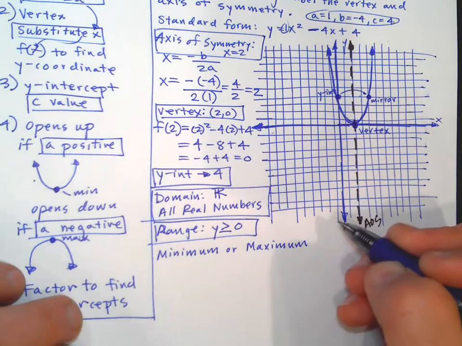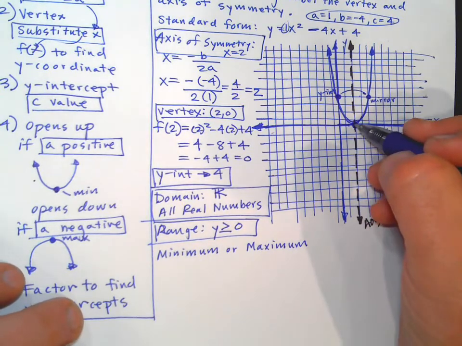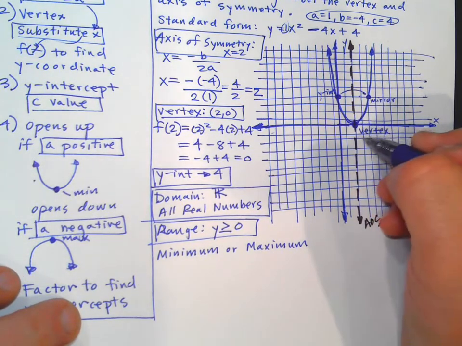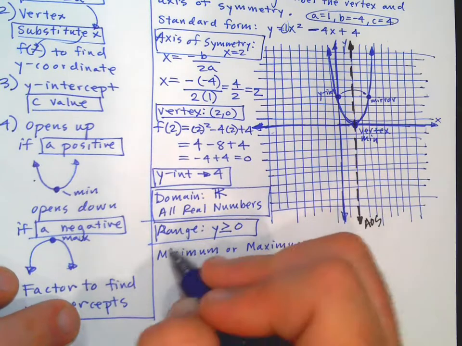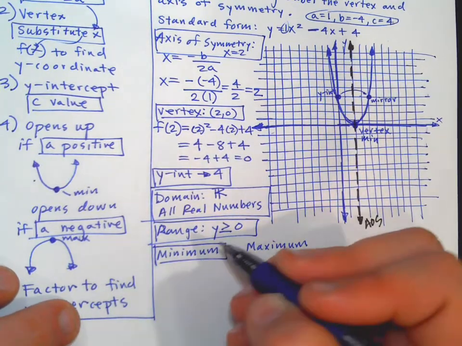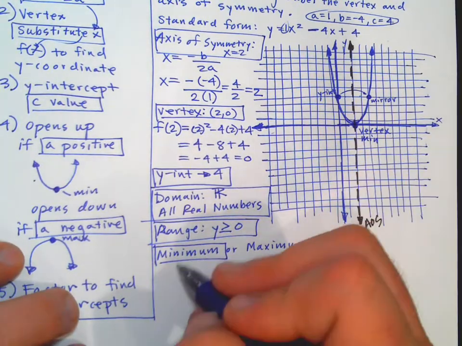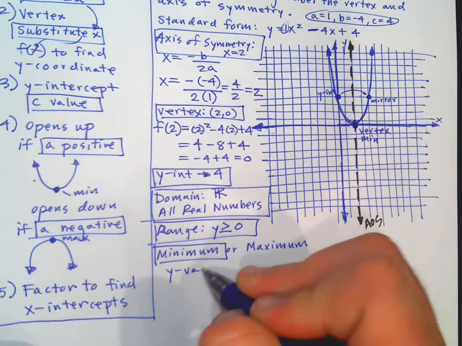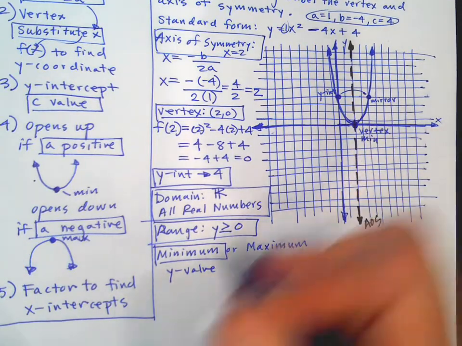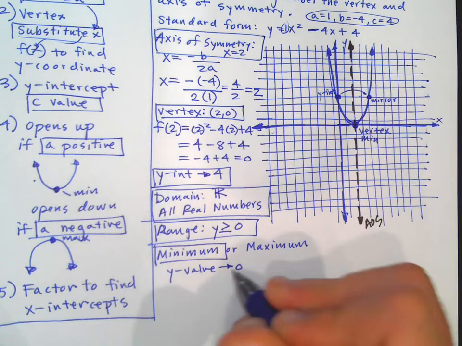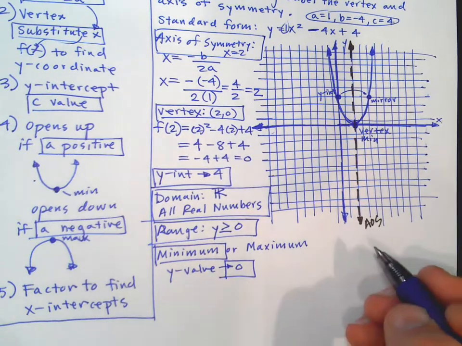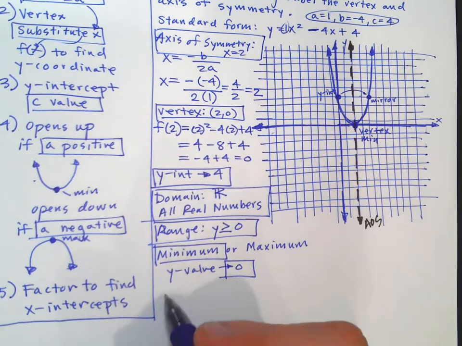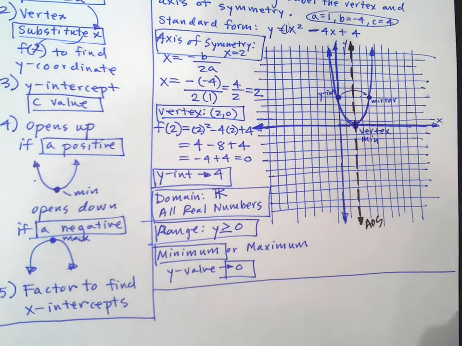Now, if you look at the picture here, it's down here at the bottom. That's a minimum. That's the bottom. And they might ask you what is the minimum value? And it would be the y value of that, which is 0. So the minimum value is 0. Okay. So that's what we're doing on each of these.